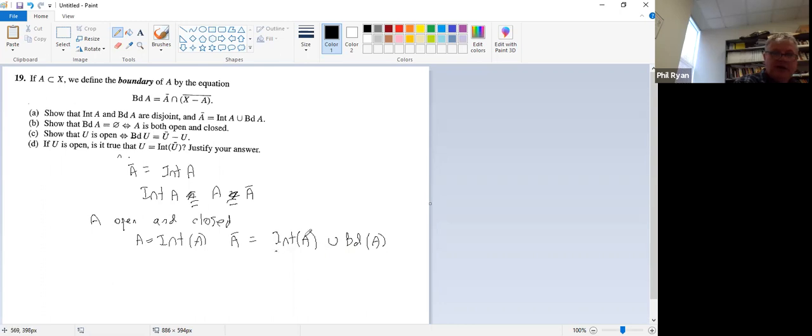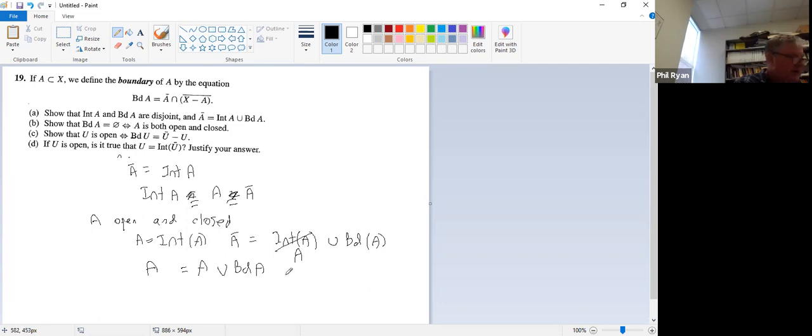But the interior of A equals A. And if A is closed, then A is equal to A union the boundary of A. But the interior of A and the boundary of A are disjoint.